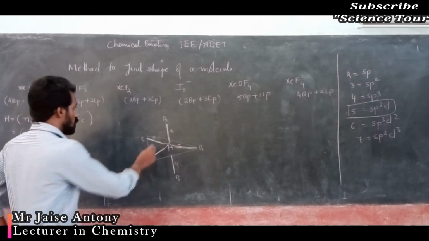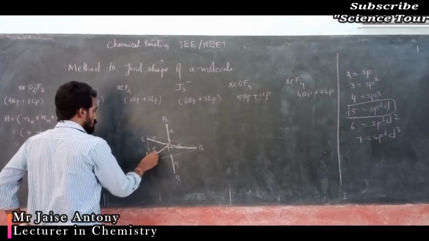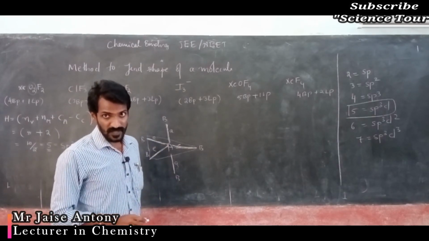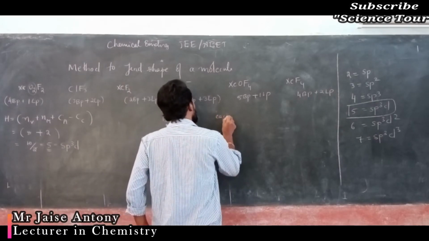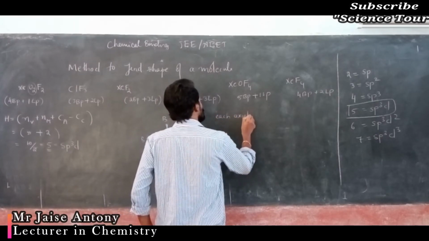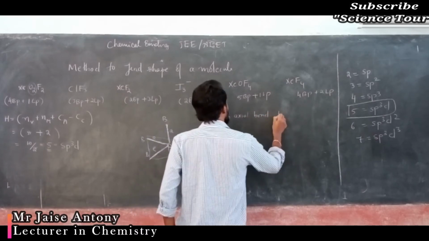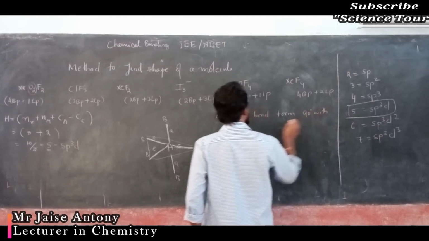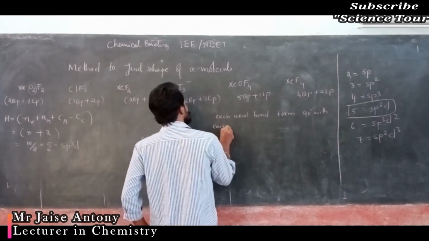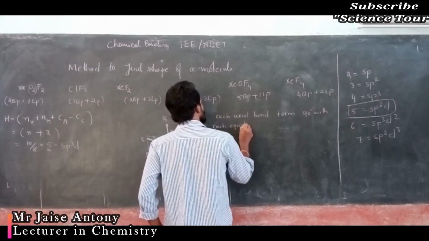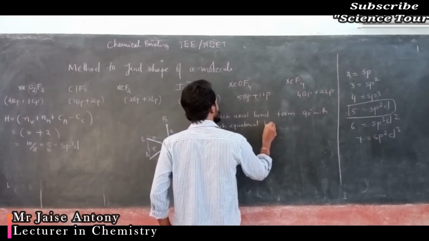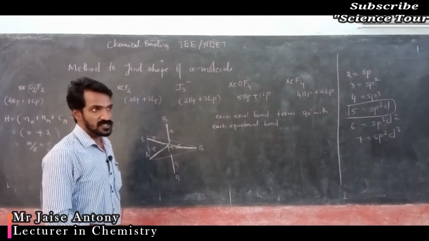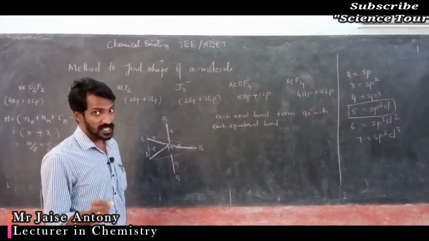Each axial bond forms 90 degrees with each equatorial bond. So each axial bond forms how many 90 degree angles? It forms three 90 degree angles.